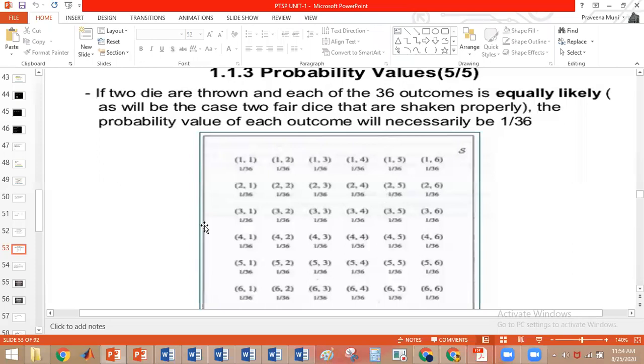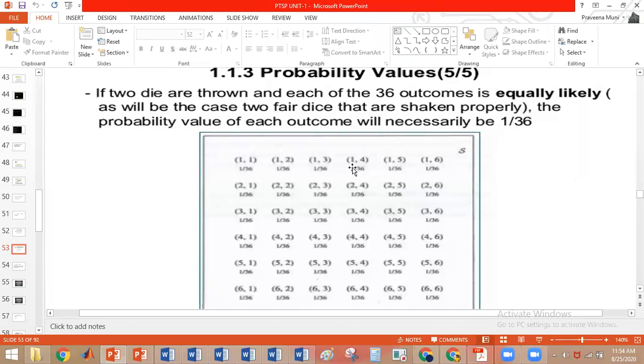What are the possible outcomes when you throw two dice? Die 1 will have value 1 and die 2 will also have value 1; die 1 has value 1 and die 2 has value 2, like this. The first one belongs to die 1, the second one belongs to die 2. So the possible outcomes are 1 1, 1 2, 1 3, 1 4, 1 5, 1 6, and so on till 6 6.